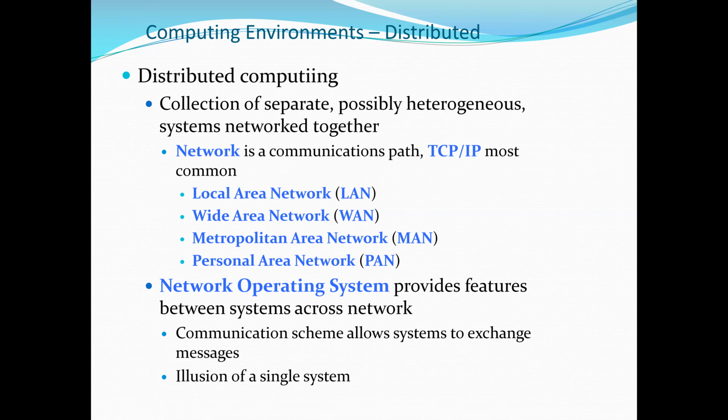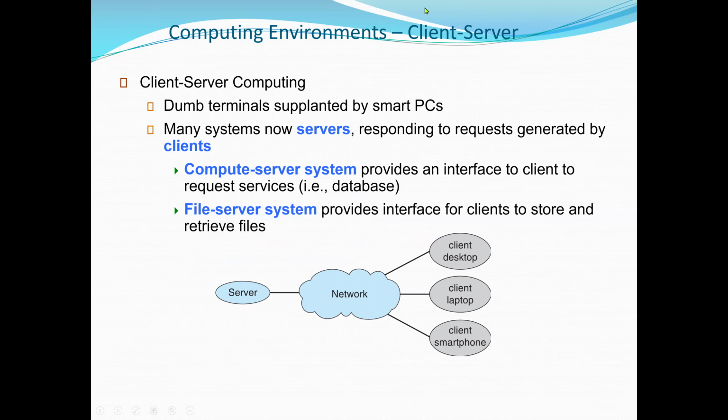So there are different types of network systems based on geographical size. A metropolitan area network may cover a city. And then a personal area network will be at home, my personal environment. Also, we have client-server, where the clients, here we have three clients, request service from the server.